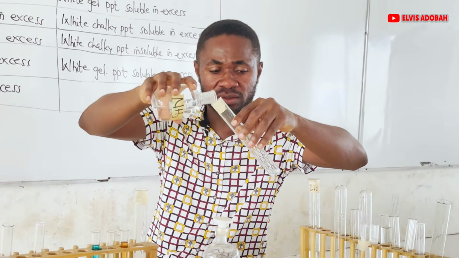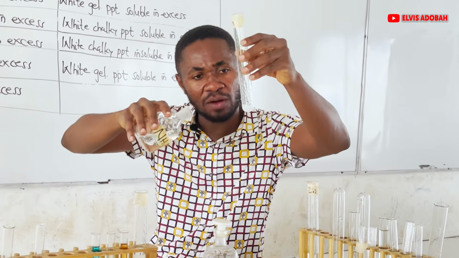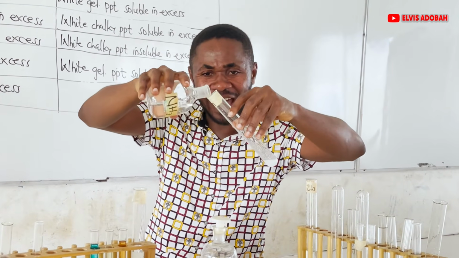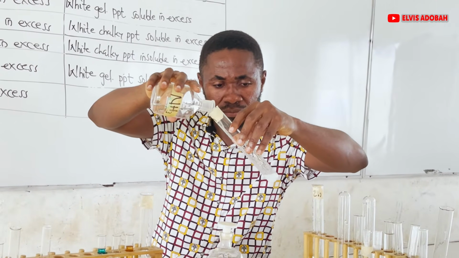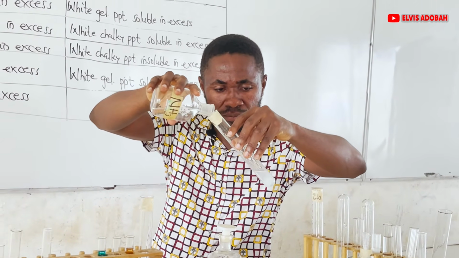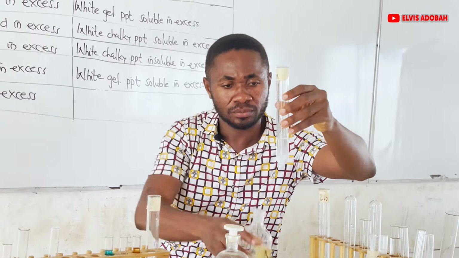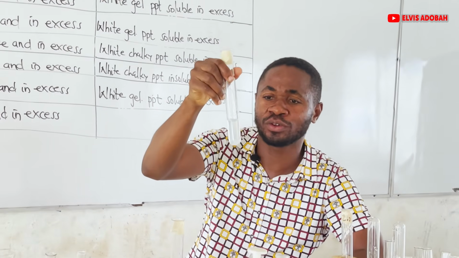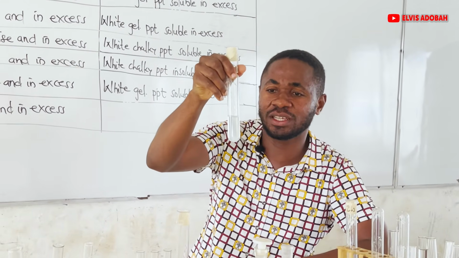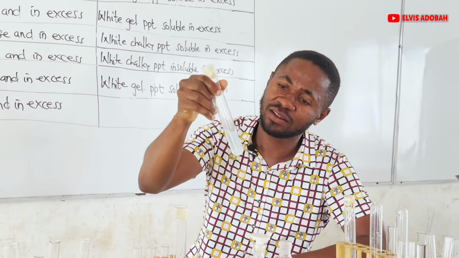So dropwise, we are forming a gelatinous precipitate. Let's add it in excess and see what happens. Let's shake it to see if the precipitate will dissolve. You see the particles still inside?